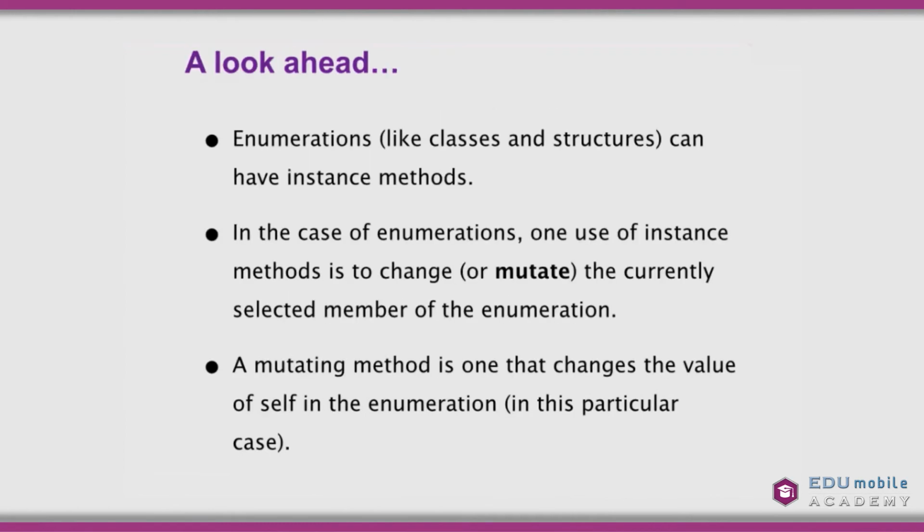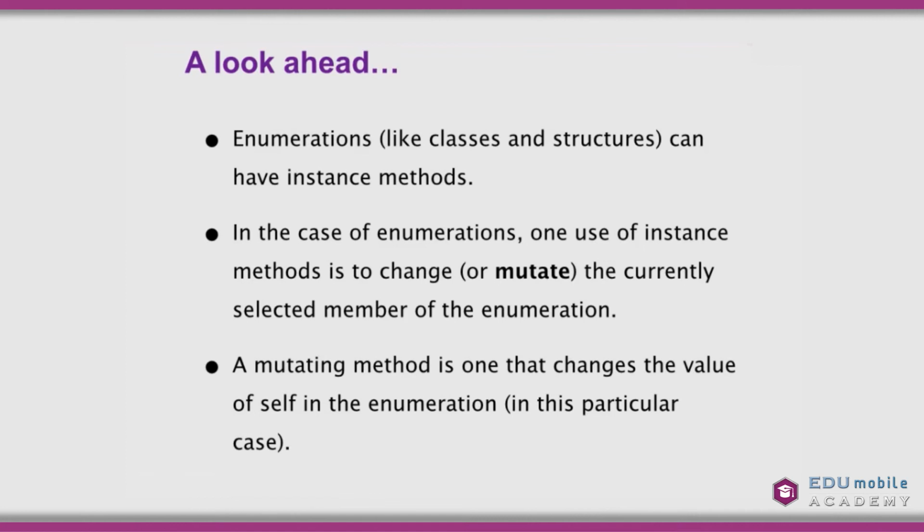So let's look ahead a little bit. We've talked about how to set up enumerations. Enumerations, like classes and structures, can have instance methods. In the case of enumerations, one neat use of instance methods is to change the currently selected member of the enumeration. We call this mutating. There is a mutating keyword that goes before func in one of these method definitions to tell the enumeration that this particular method is a mutating method.